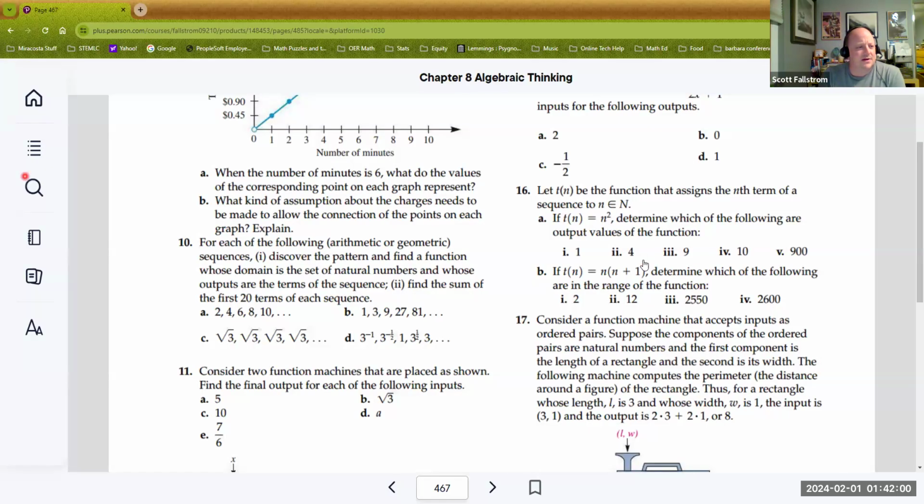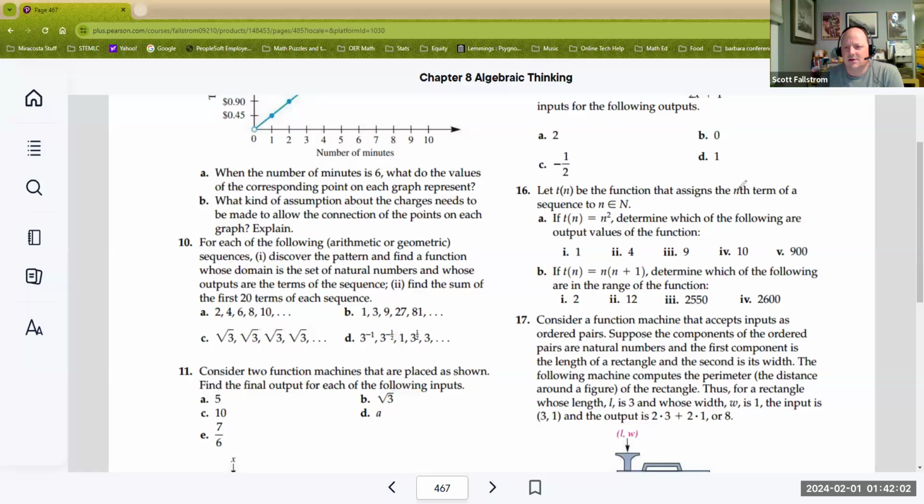And it does say up here, the nth term of a sequence to a natural number.